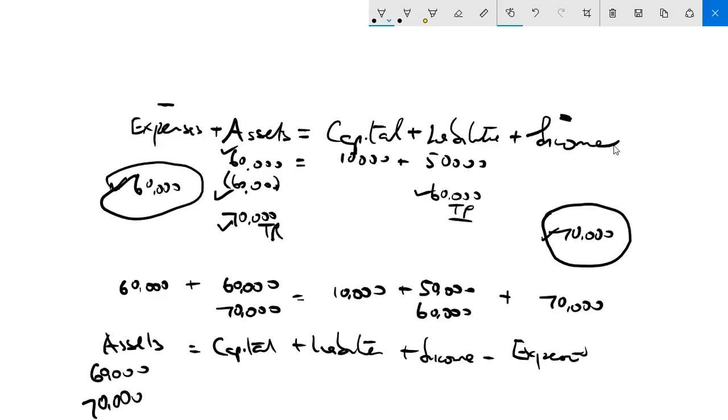I call this piece of paper an asset because if you remember in the previous module, we can sell that invoice. You probably won't get the same amount, but the point is that it's an asset. It belongs to you. You have the right to receive a certain amount of money. Capital 10,000, and we have liabilities at 50, at 60, income 70, and your expenditure is 60. And of course, your profit is 10, which we add back to capital.